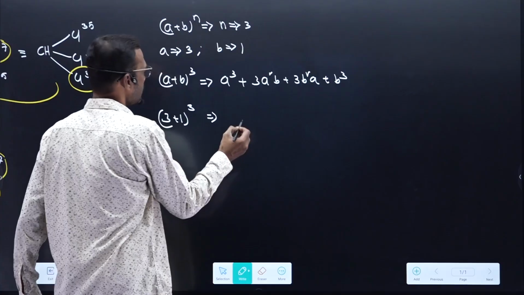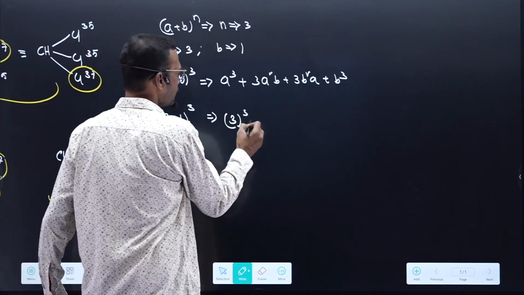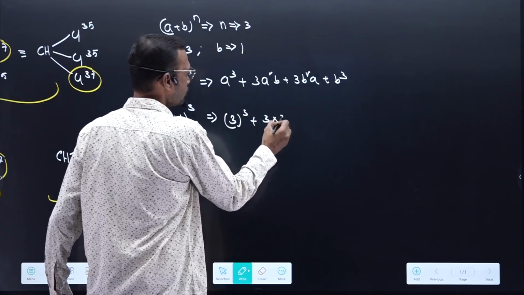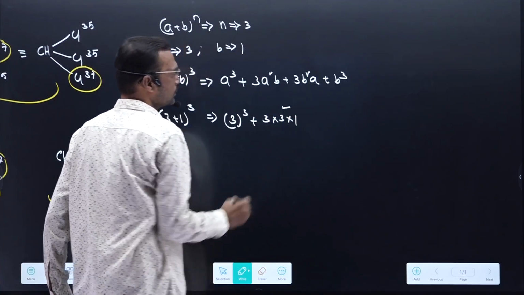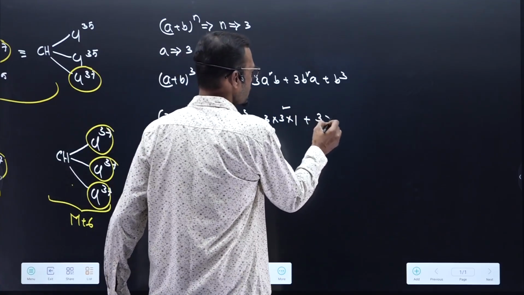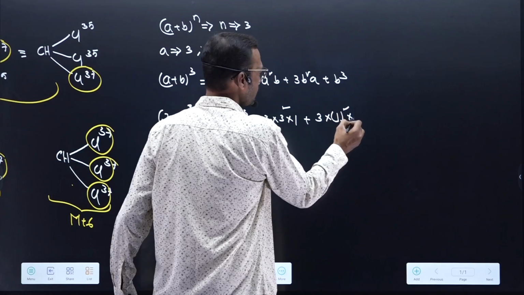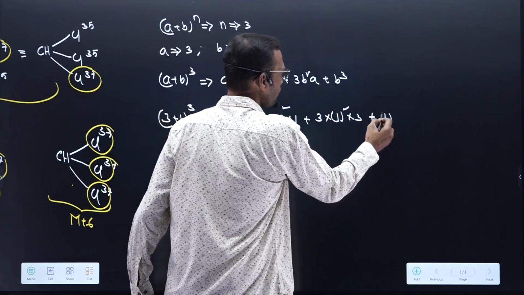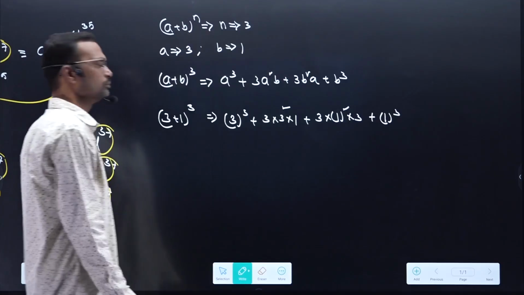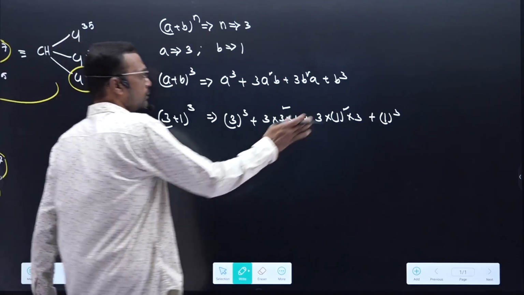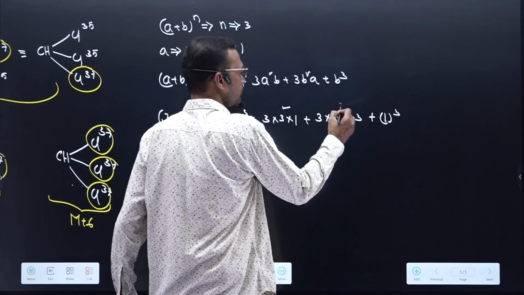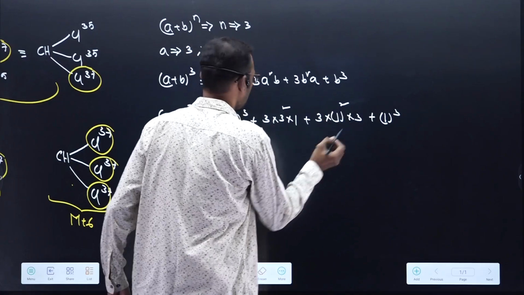So here I can say 3 cube, and here 3 into 1. Now this is 3 into 1 square into 3, and this is 1 cube. So finally this is A cube, 3A square B, 3B square A and B cube.